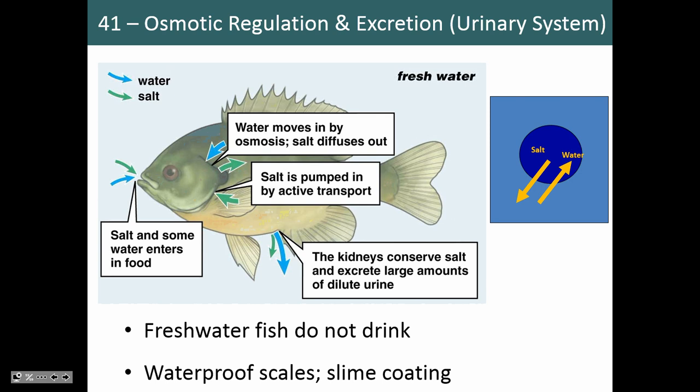It's going to come in part through drinking, it's going to diffuse in through the gill surface, and it's going to leave through the kidneys. Most of the rest of the body is coated in a slime, a mucus substance, right? That's part of their waterproofing. They're trying to reduce how much water is coming in through their body and drop down cutaneous absorption. So their scales and their slime coating help to reduce water coming in.